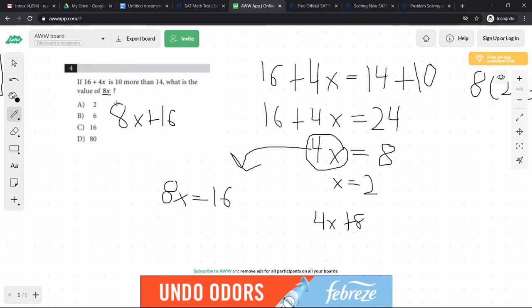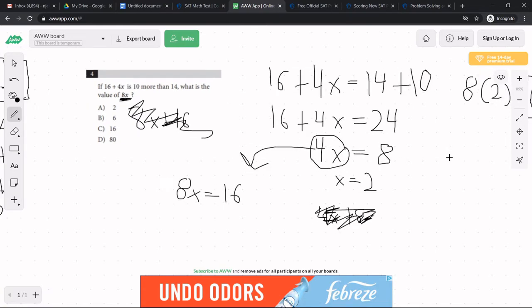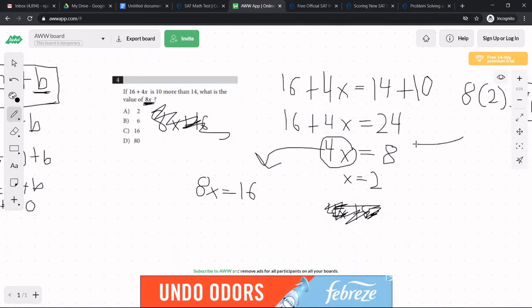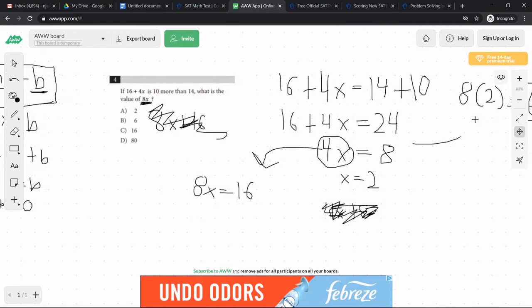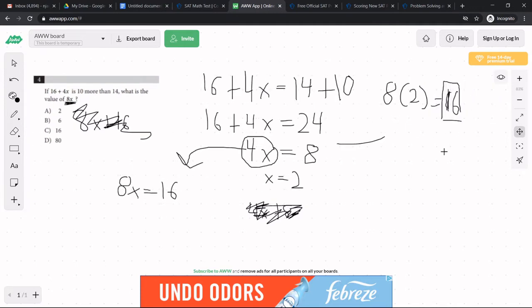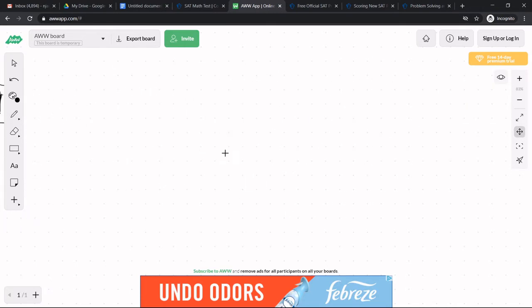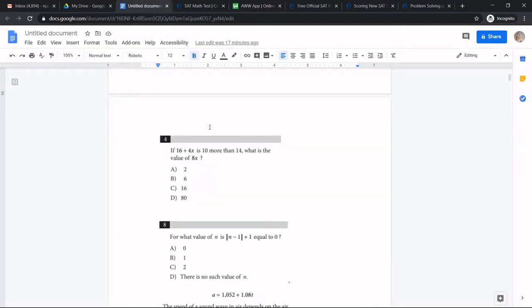So, you know, just a little 10-15 second time save. So it's important to keep that in mind. Know what you're looking for when you're solving the problem. It's really important to know, because the SAT tries to trick you with stuff like that as well. Alright, let's move on to the next problem.